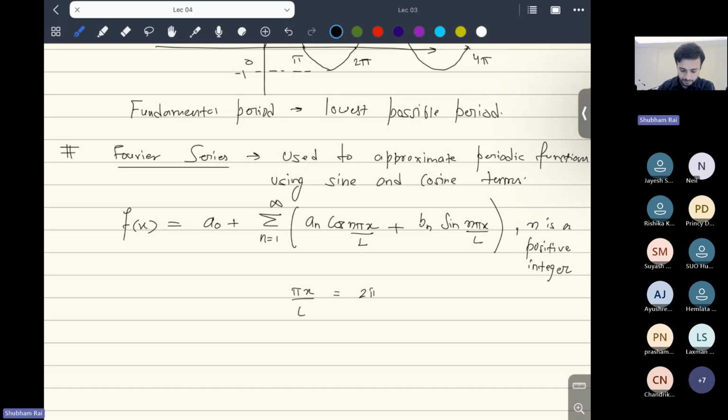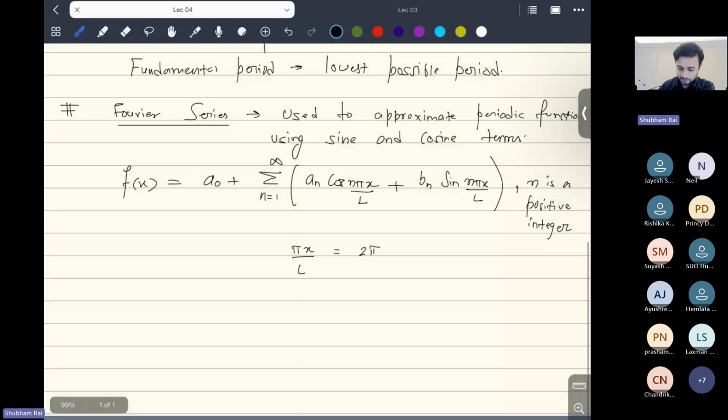Then x will be how much? x will be 2l, and that is the period of this series, because period will always be in terms of x. So we say the period of this series will be 2l.